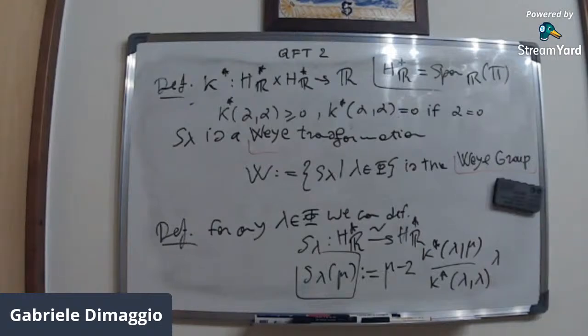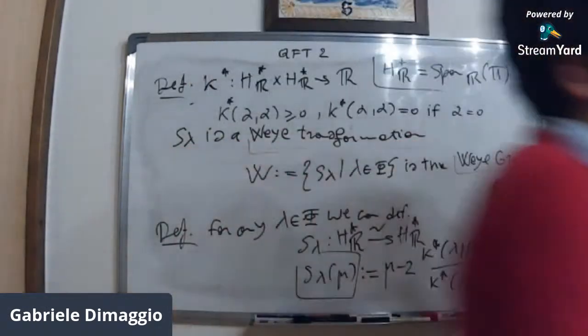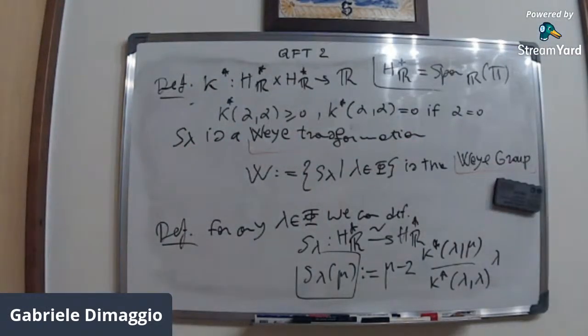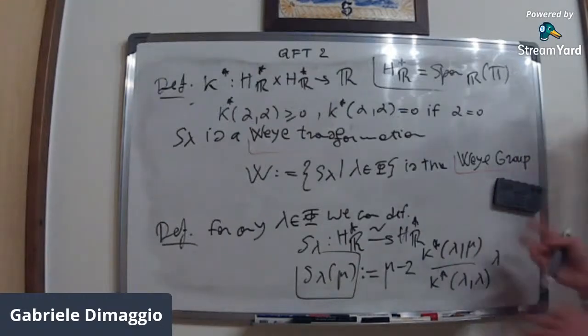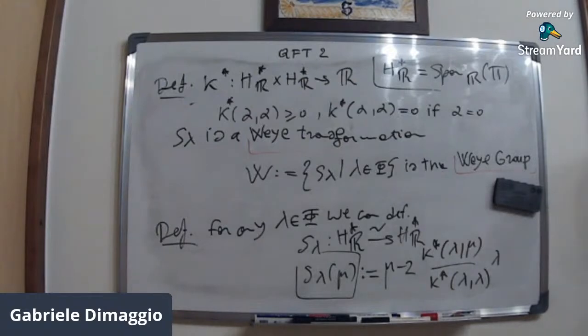Perfect. Okay, so this is the definition of Weyl group. If you want to see the Weyl group in more detail, you can search on the internet, on Google, because the Weyl group is a very important group. In this lesson, I just want to introduce it, but we'll see it again. Okay, see you soon. So Weyl group, perfect.